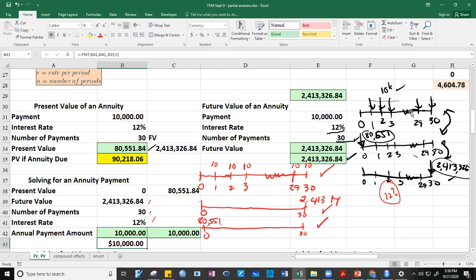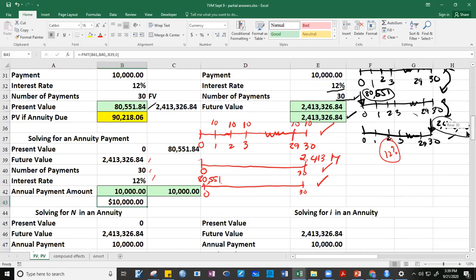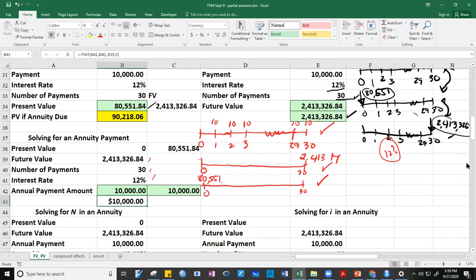Itong 10,000 na to for the next 30 years at 12% is equivalent to 80,551 now. No? Now. And it's equivalent to 2.413 million after 30 years. Assuming that 12% yung interest rate. Okay? So that's why we were expecting to get 10,000 here.